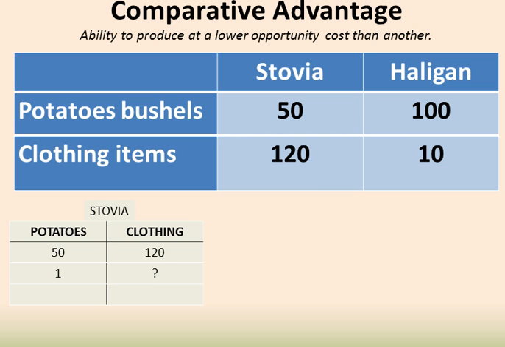So what we're going to do is set up some T tables and create basically a proportion, or just try to find the proportion of this. My real question here is, I know that Stovia can do 50 potatoes or 120 clothing, but what I really need to know is what is the cost in terms of clothing for Stovia to produce 1 bushel of potatoes.